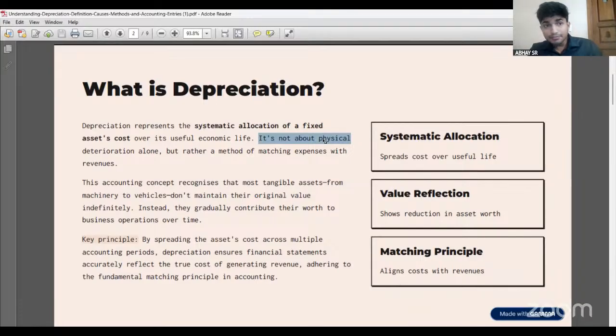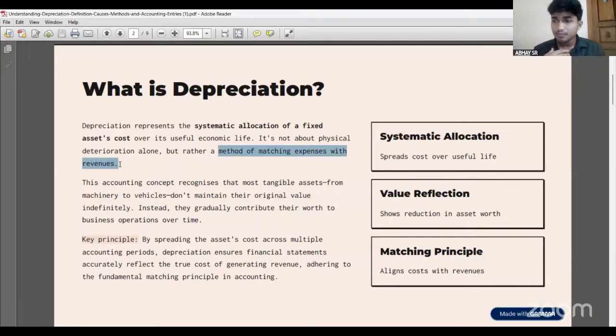It's really important. If we see, it's not about just physical deterioration alone, but rather a method of matching expenses with the revenues. For example, if I buy a printing machine, I have a newspaper printing business, and I buy a machine which prints newspapers, the income I'm generating is due to that machine, right?